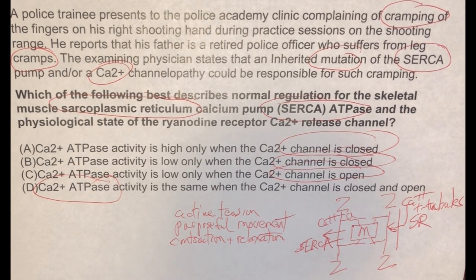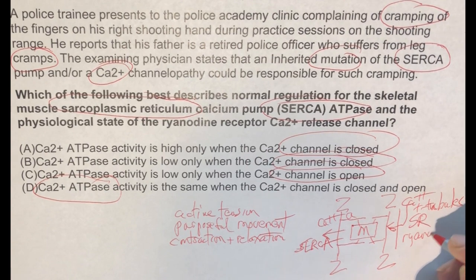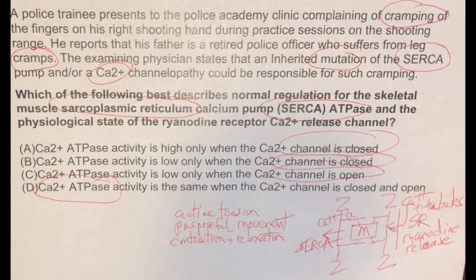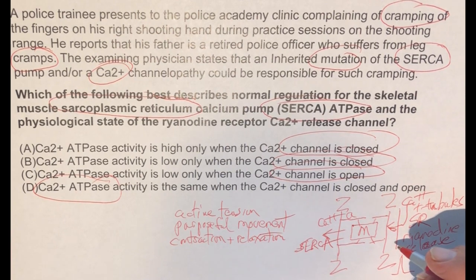The question is, how does the calcium ATPase work in relation to this ryanodine receptor? It's called the ryanodine receptor calcium release channel. In other words, how does the skeletal muscle normally relax? Well, it turns out that contraction is a result of depolarization of the T-tubules.